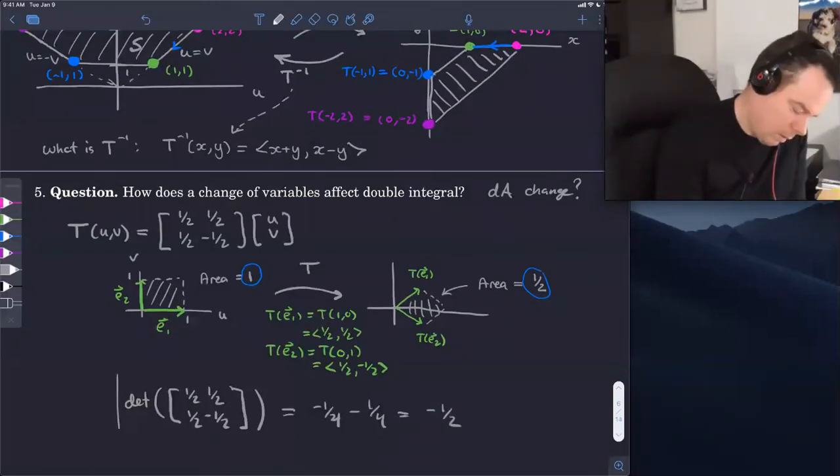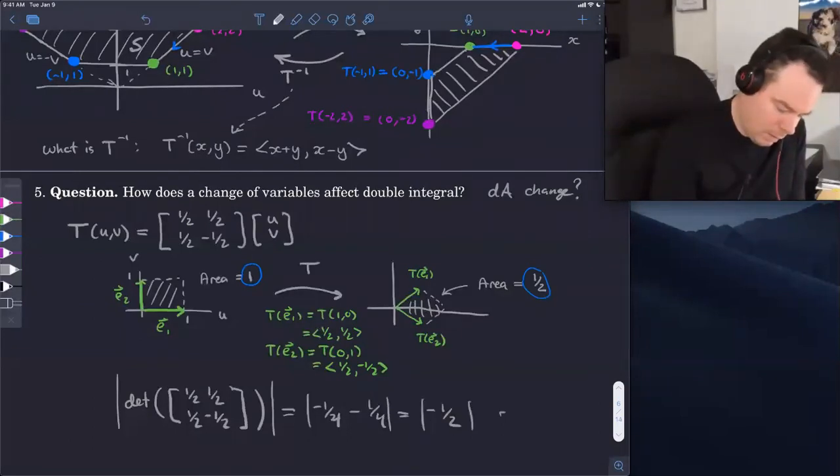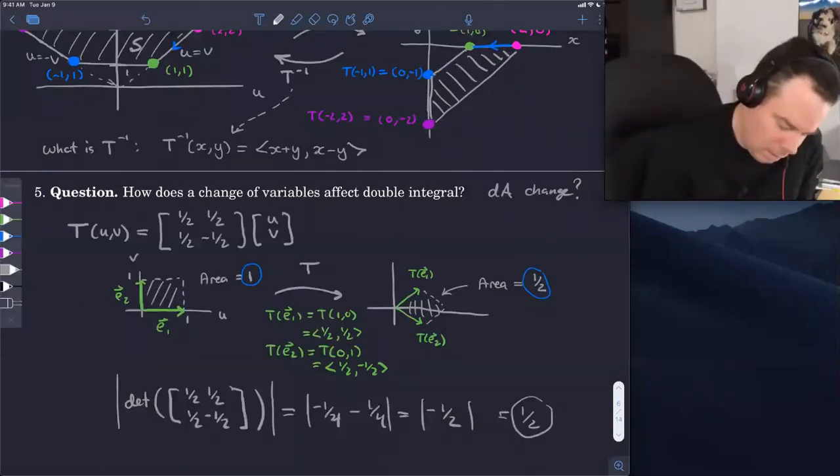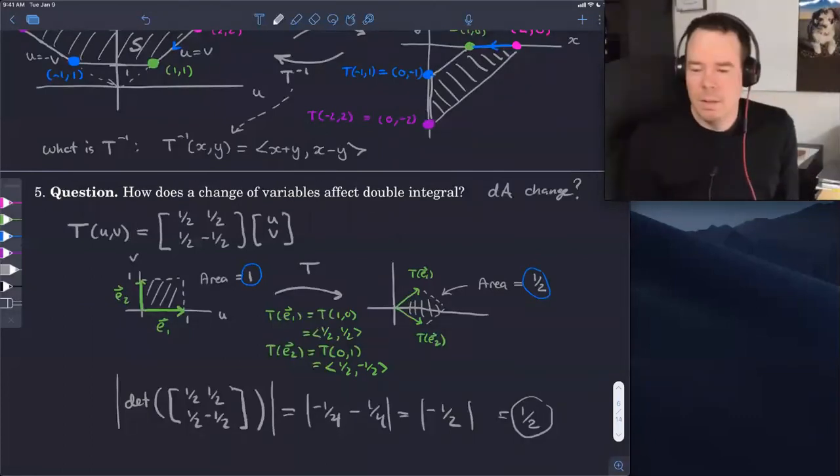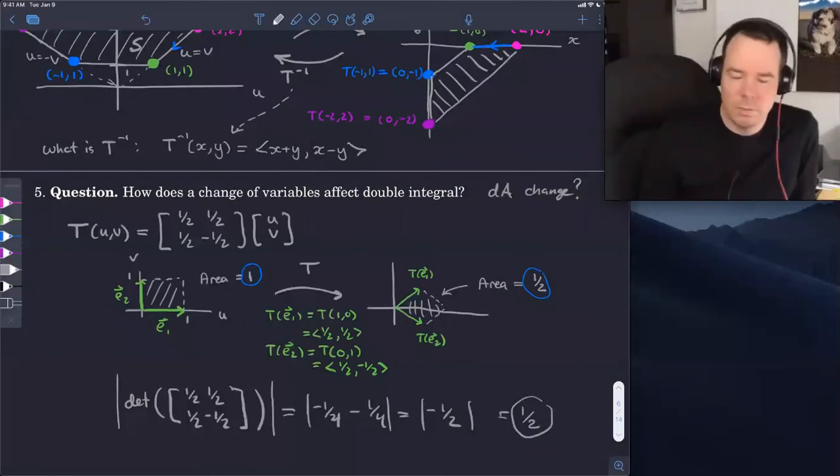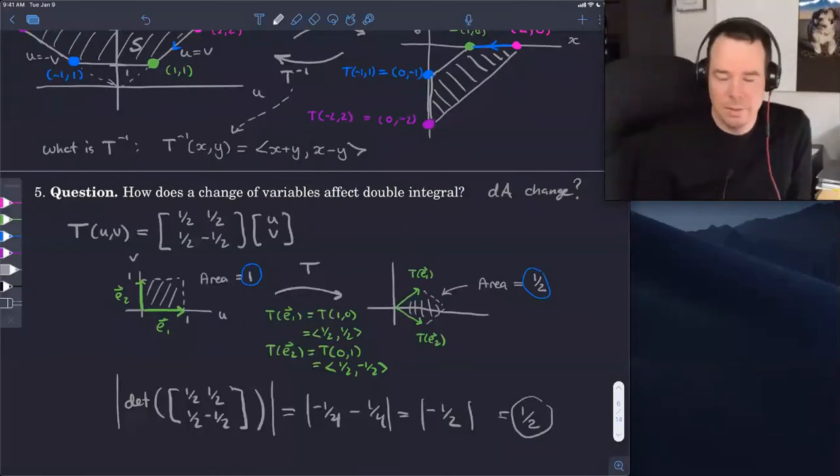If I take absolute values of that determinant, then I get a half. And that is how we can detect how areas are changing under transformations. That's what the determinant is really telling us. It's telling us how these scaling factors happen. In this case, it's telling us the area scaling factor.